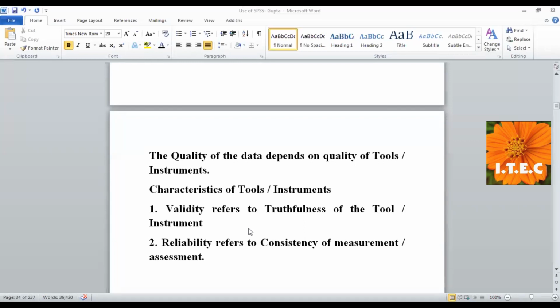So therefore, a tool or instrument may be reliable but not valid.